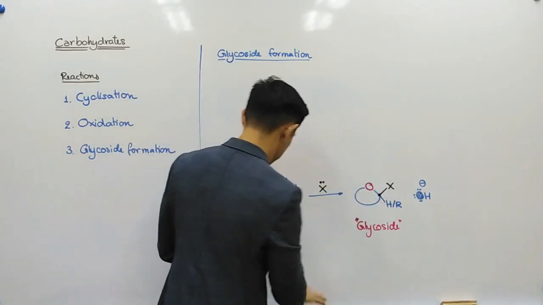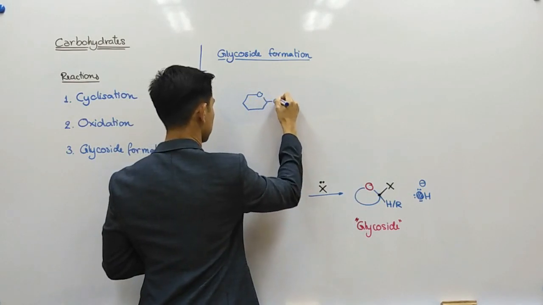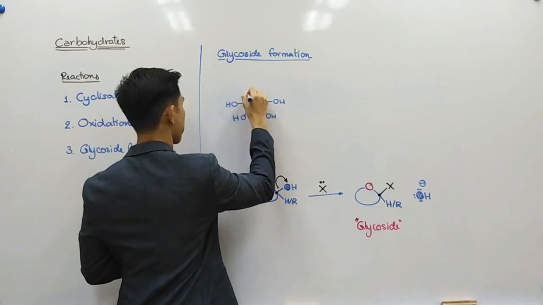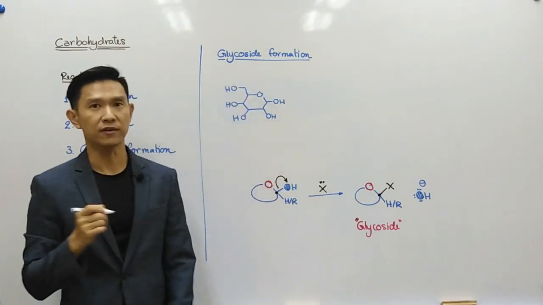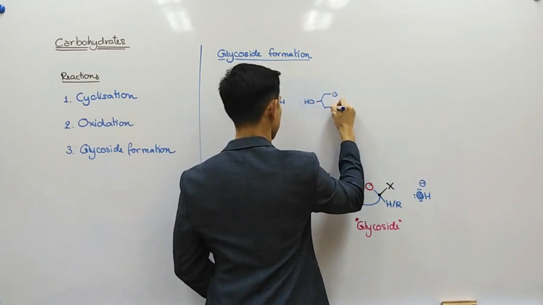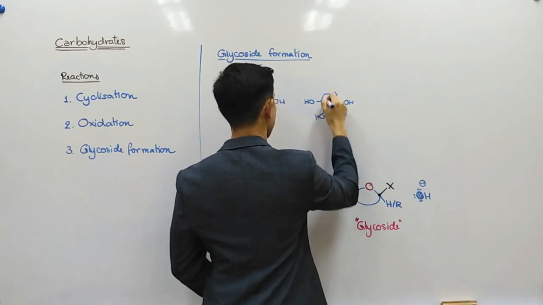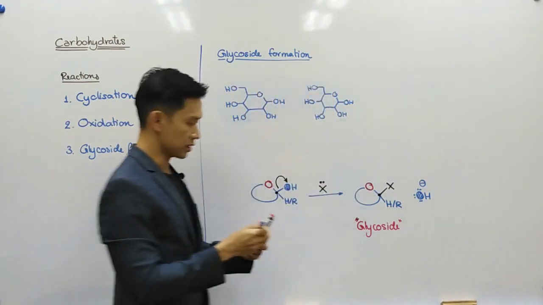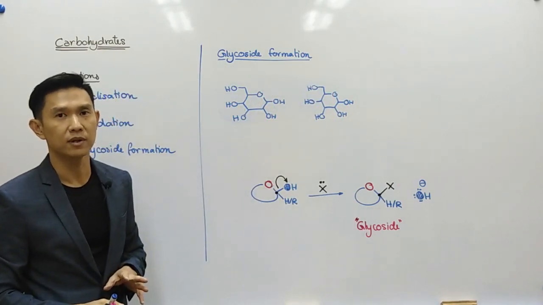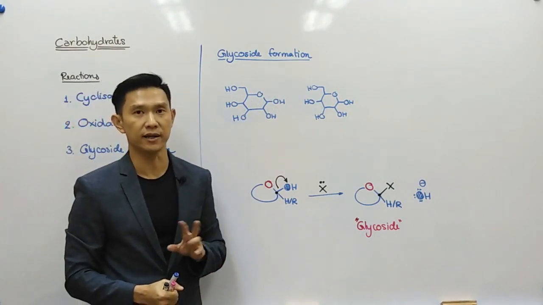So, for example, if you have a glucose, and if you have another glucose on the left hand and on the right hand, and let them condense together. So actually, we have several OH and several electron pairs in the system. So this kind of condensation is controlled by an enzyme.